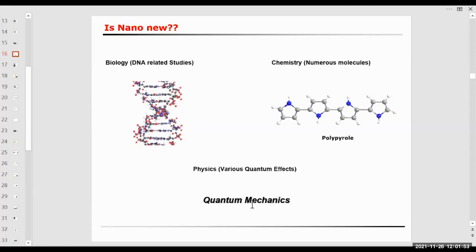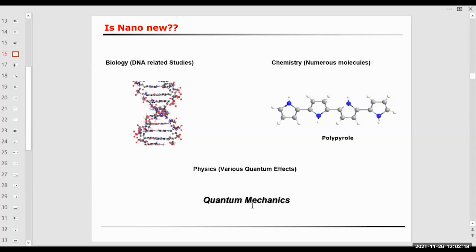Until the word nanoscience and nanotechnology was brought into the picture, we as scientists have been using the units called angstrom units. If you remember, in our school books we used to read that the visible wavelength region is 4,000 to 7,000 angstrom units. But now they have changed the units all over the world.